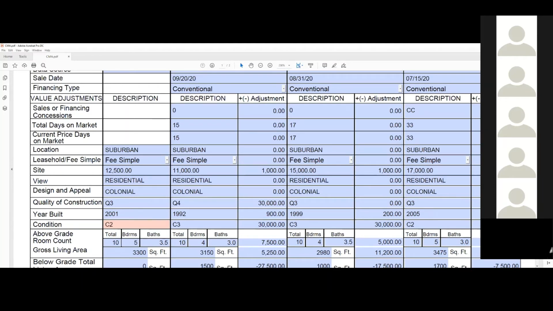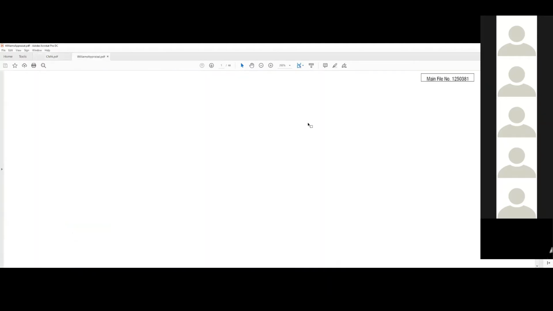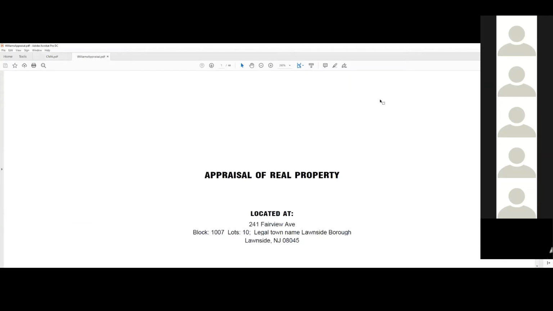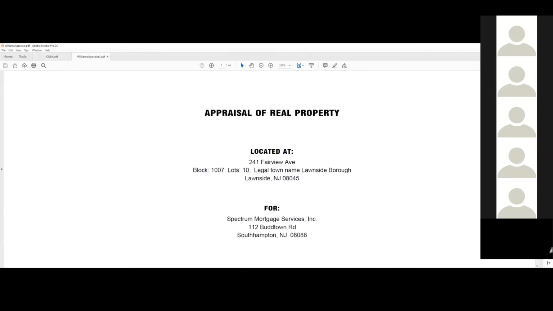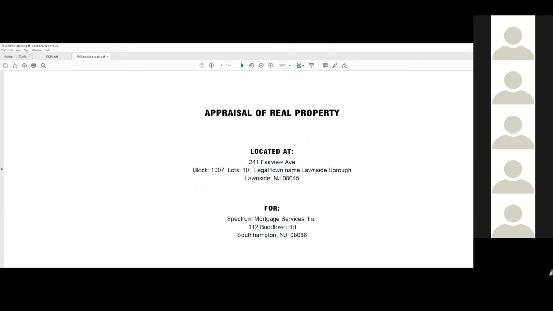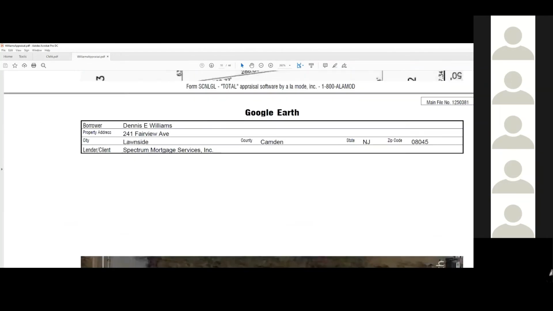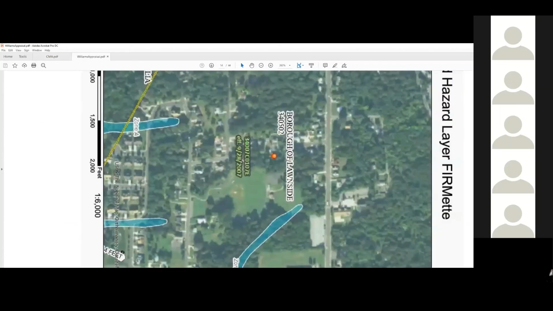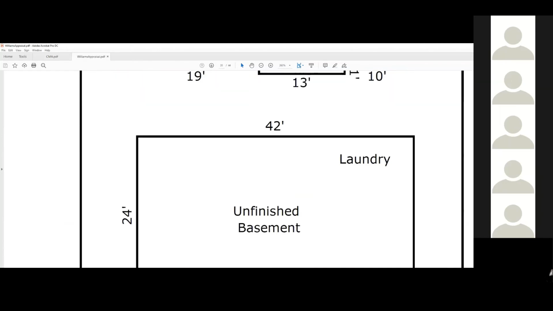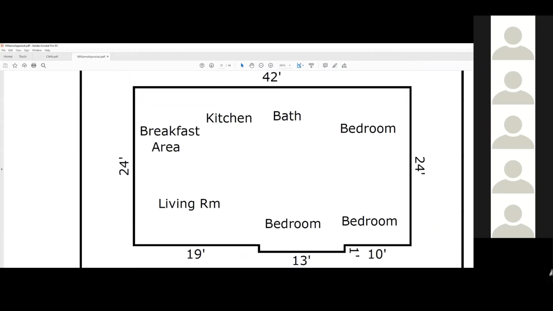As I said, when the appraisers go out there, they measure the finished area. Let me see if I can open one, so maybe we can see it together. Let me share this page with you.